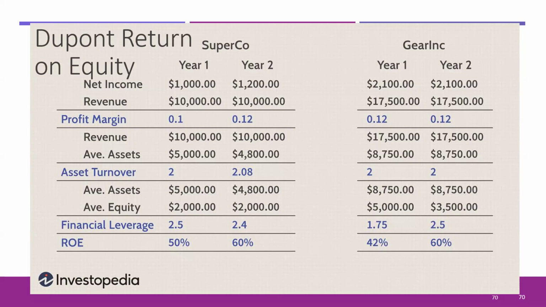And we can see that return on equity increased from 50% to 60% year over year. What mostly drove that change? A large 20% increase in profitability, a small increase in asset turnover, and a slight decrease in financial leverage.